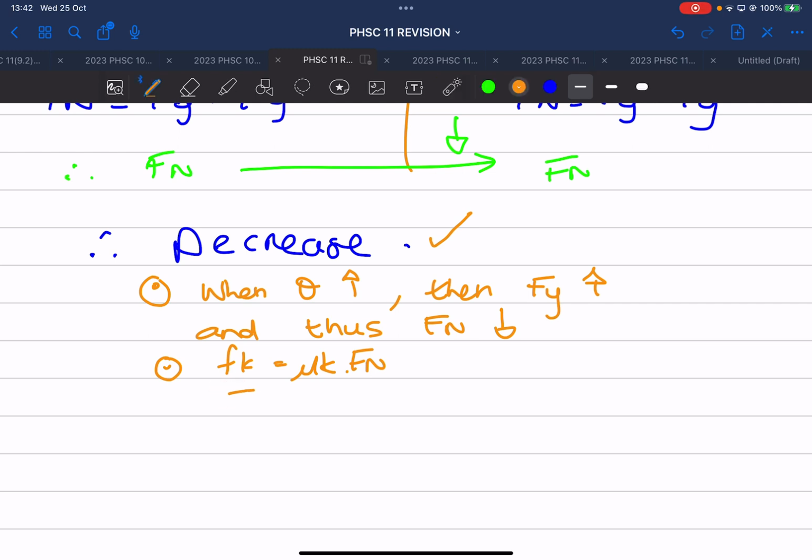Thus, Fk will decrease. Yes, you said that frictional force is higher. From that formula, you can either say that or you can say this. Okay.